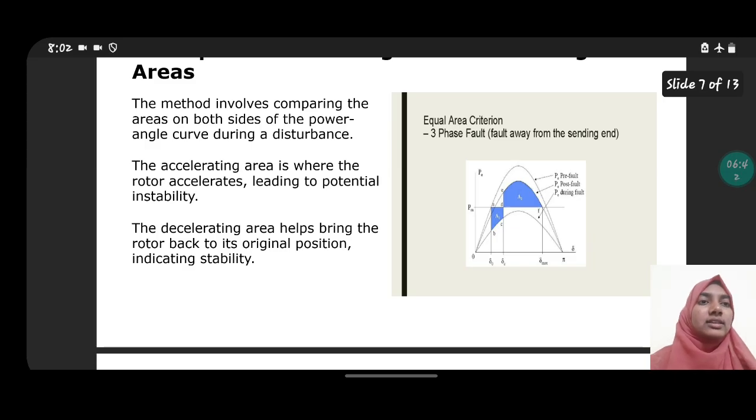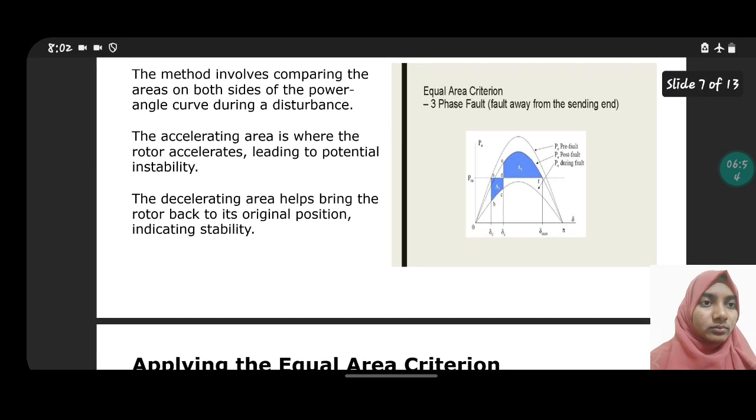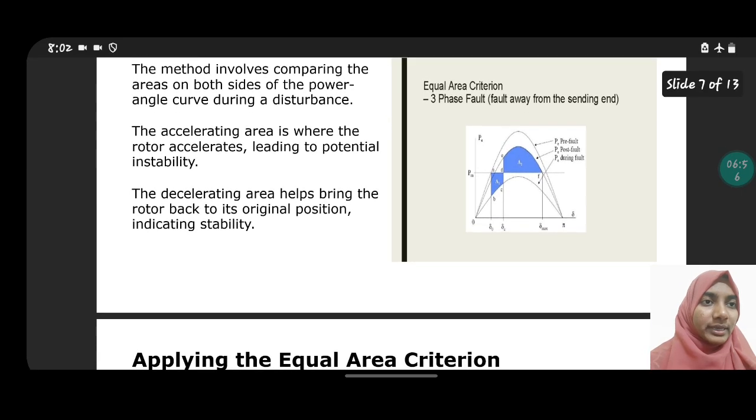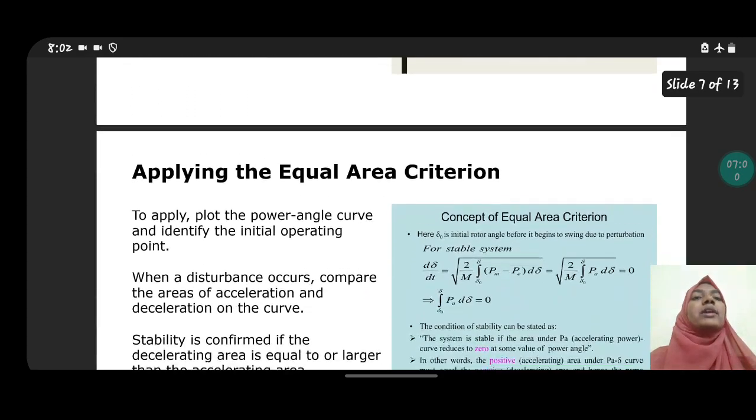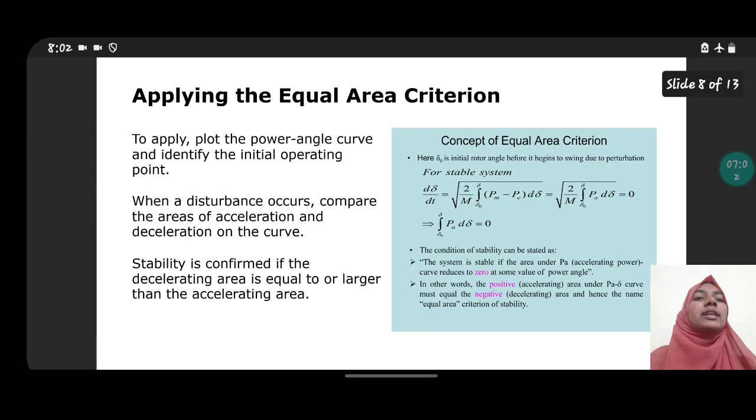In the graph you can see that here area 1 and area 2, delta maximum, P maximum are there. So where we can apply the equal area criterion?